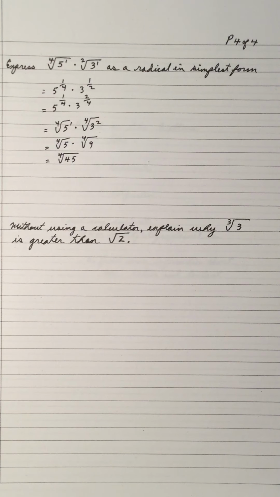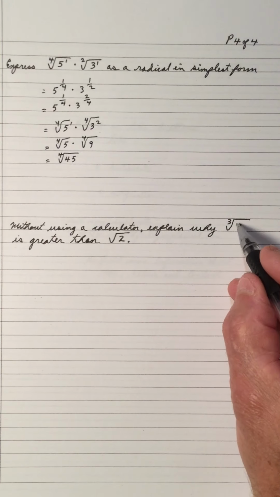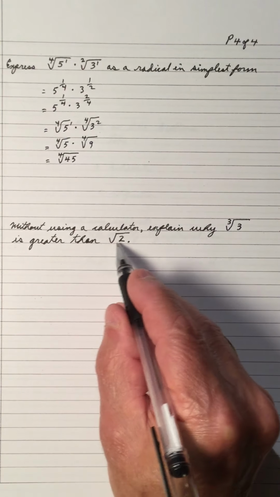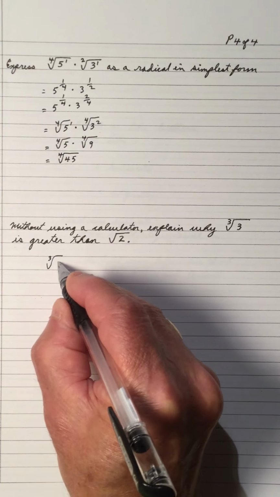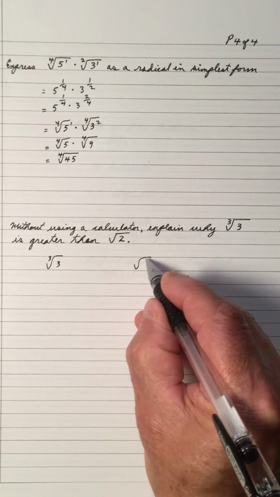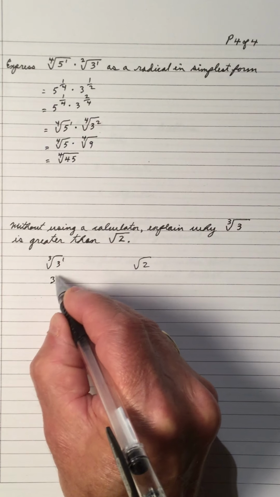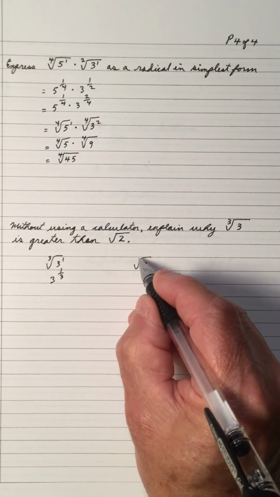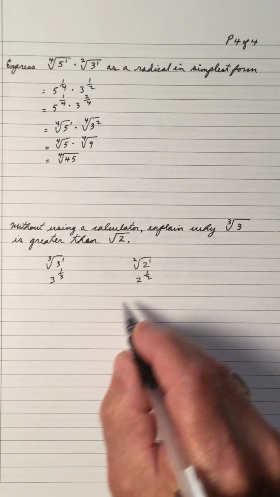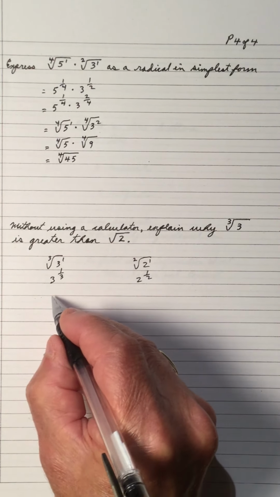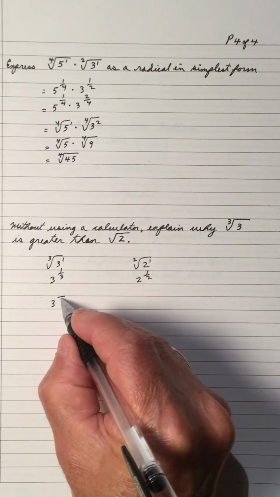Okay. And the last one, without using the calculator, explain why the cube root of 3 is greater than the square root of 2. Well, the cube root of 3, that's 3 to the 1/3. And the square root of 2 is 2 to the 1/2. Again, if I convert them to the same denominators, the common denominator for 2 and 3 is 6.